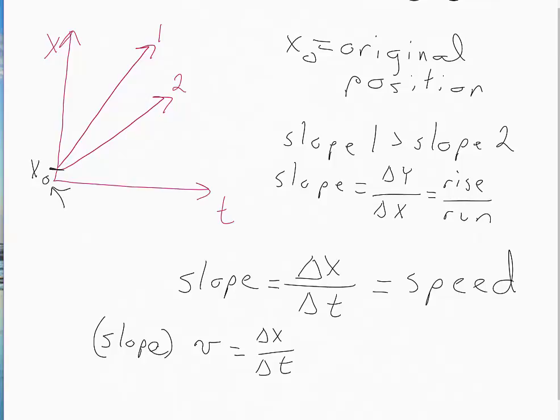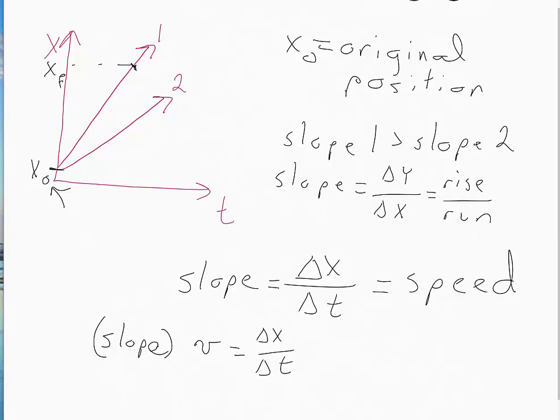So if I want to come up with the equation of this line, then I need to be a little bit more specific about that. So let's look at delta x. Delta x is the change in position of the object. Well, we know that the object started at x naught, and it ended up here somewhere at a position x final, the final position.